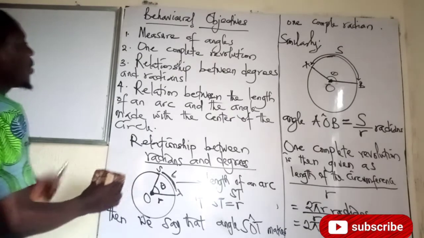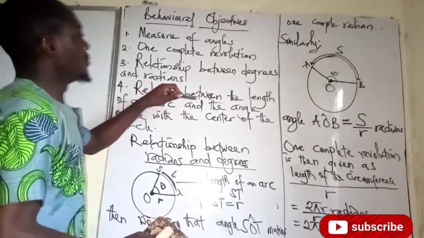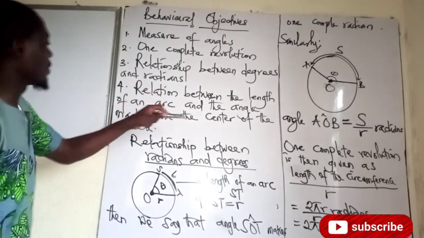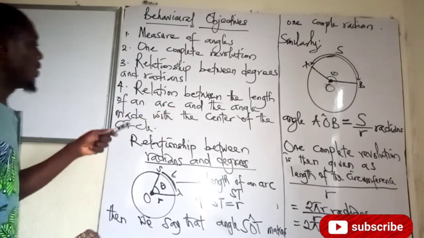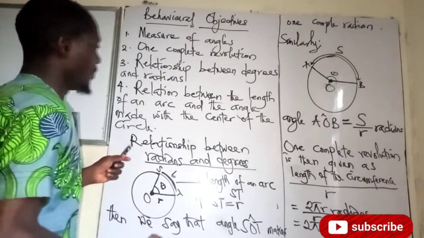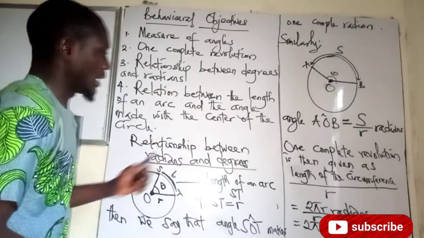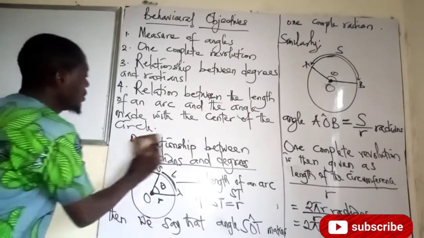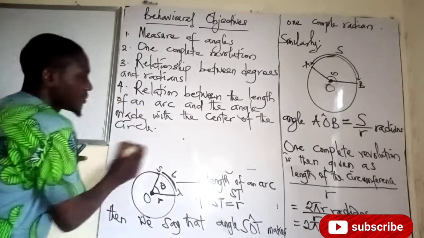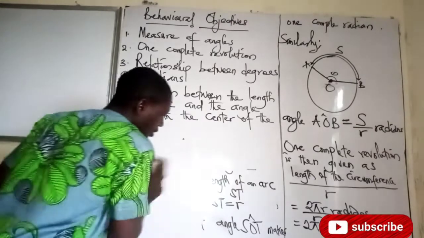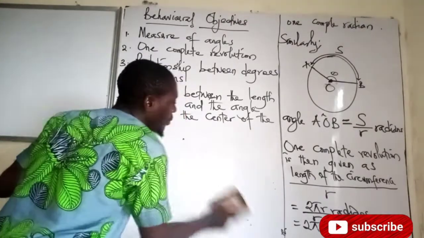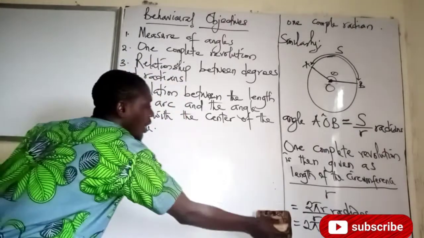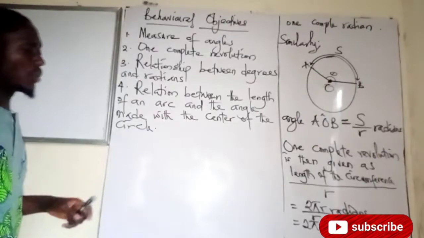Now, what is the relationship between the length of an arc and the angle made with the center of the circle? That we've done. But let me quickly explain this. Most times we always say 180 degrees equals pi radians. How do we get that?